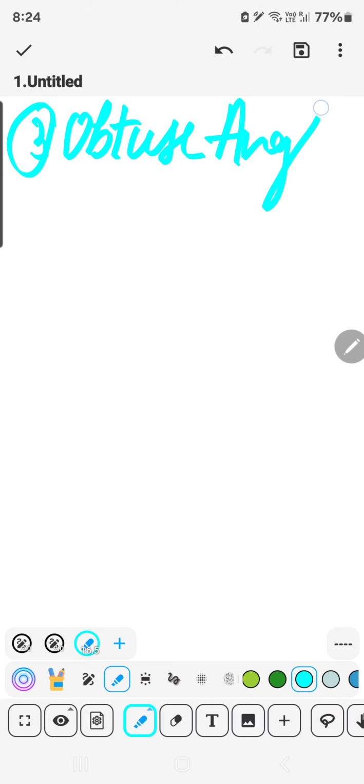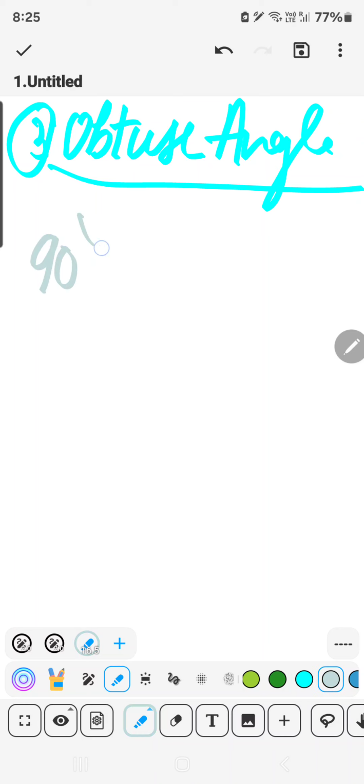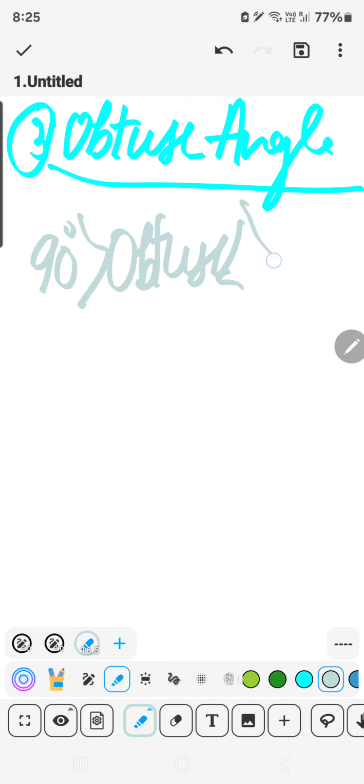Okay, now let's move to the next, obtuse angle. Our third angle is obtuse angle. Now, do you remember what was acute? Acute was more than 0 but less than 90. Now what is obtuse? More than 90 but less than 180. This is 90 degree, this is obtuse angle, then it is 180 degree.